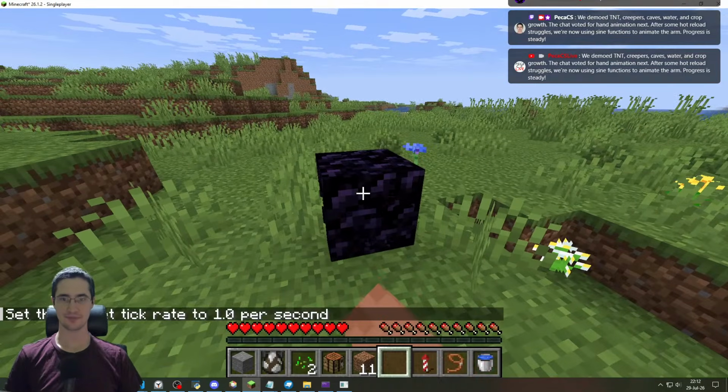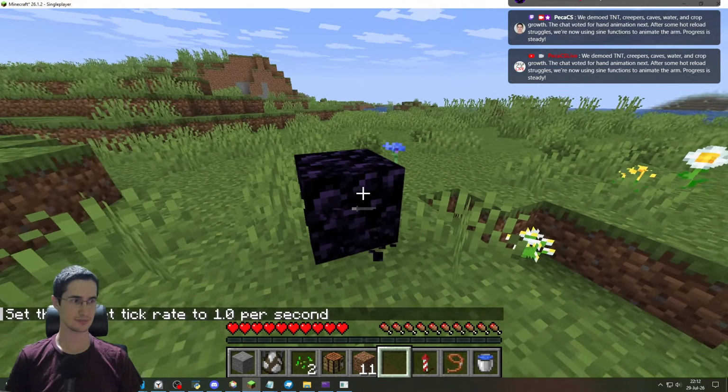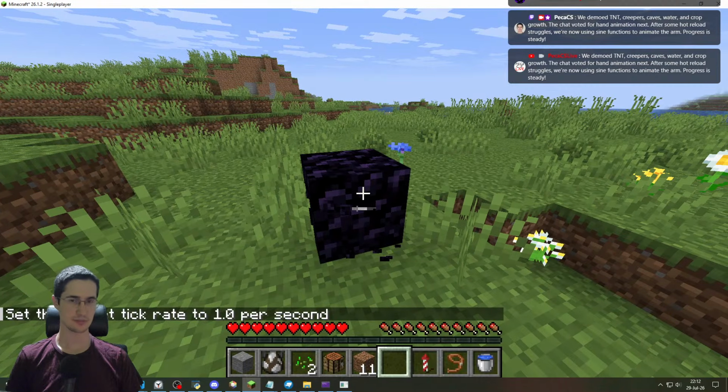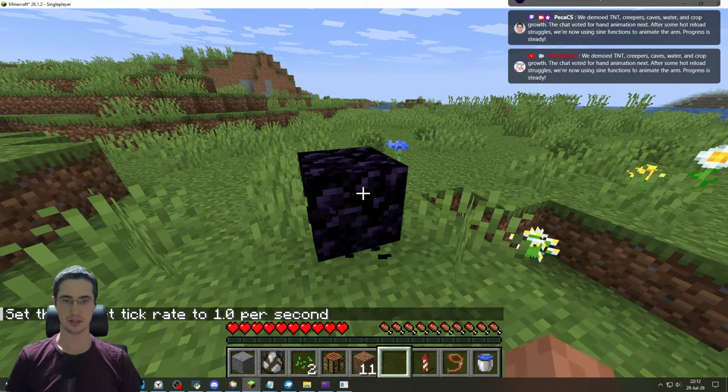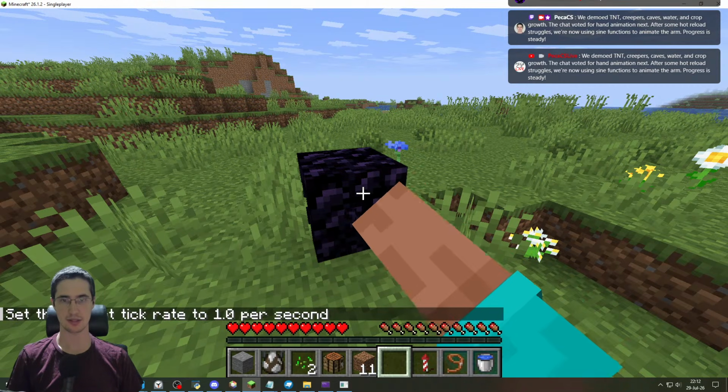Okay, chat. Right now we're looking at the animation of Minecraft when block breaking, because we're trying to implement it.